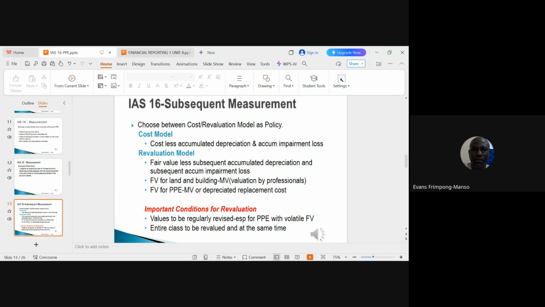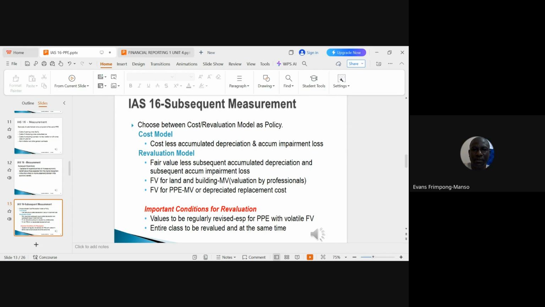The moment you choose the revaluation model, then you are going to use the fair value of the asset. But when you use the cost model, then you use the historical cost of the asset less any depreciation that you have provided on the asset so far.